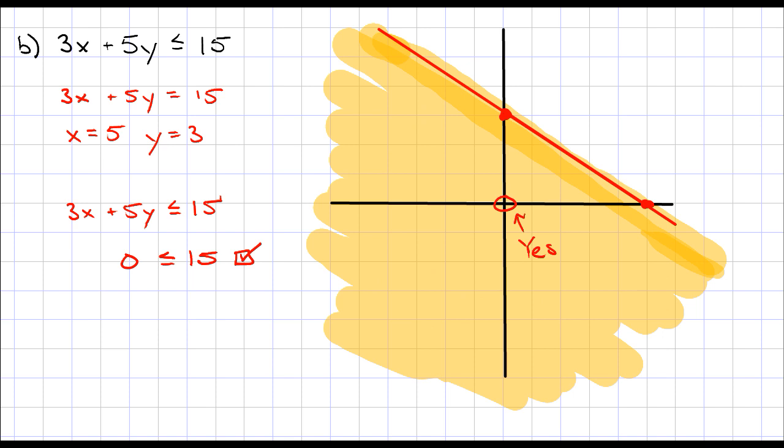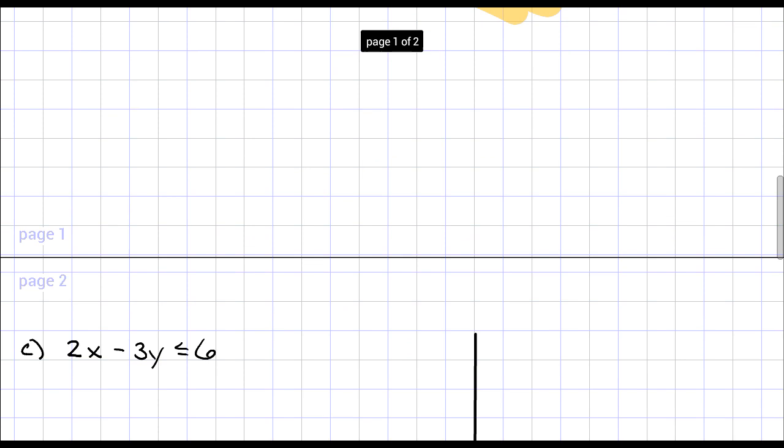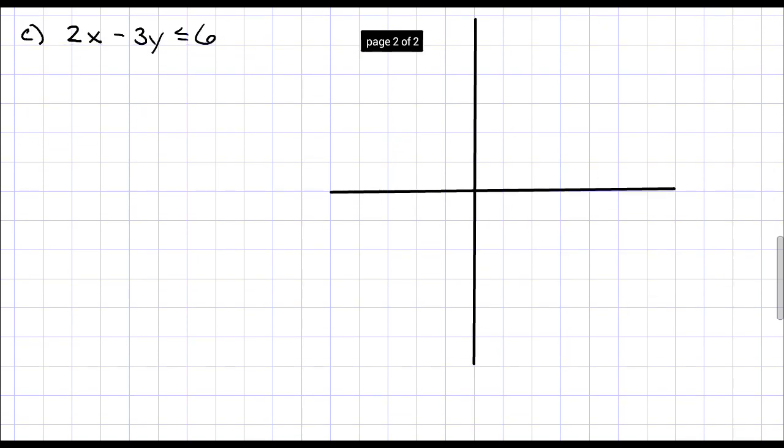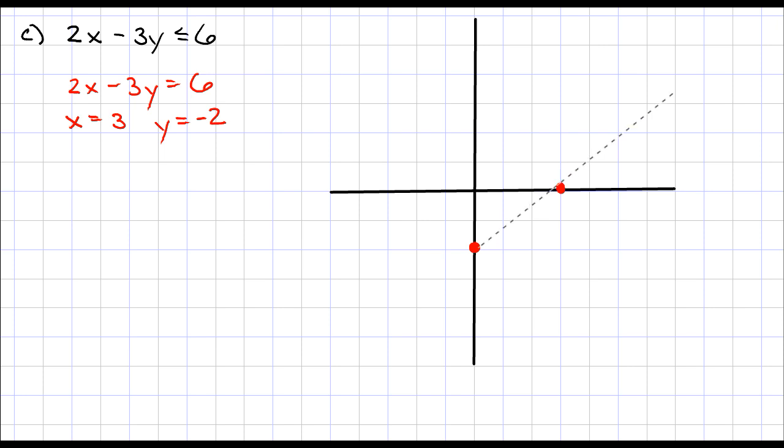Okay. Two more quick parts to this example. Here I have 2x minus 3y less than or equal to 6. So I start off by treating it as if it's an equation. My intercepts are x equals 3, y equals minus 2. And so then I'm going to draw the line connecting those intercepts. There's one side, and there's the other.